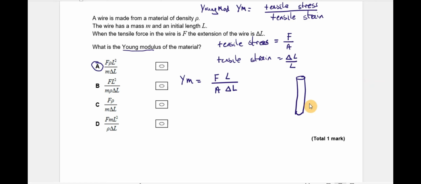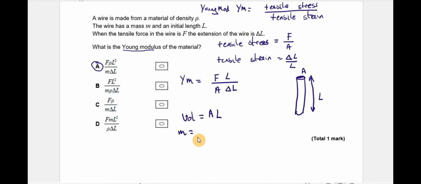So let's have a look at a wire. And we'll give that wire a length L and a cross-sectional area A. Well, the volume of that wire is going to be the area multiplied by its length. Its mass is going to be equal to the volume multiplied by its density, which is ρ.